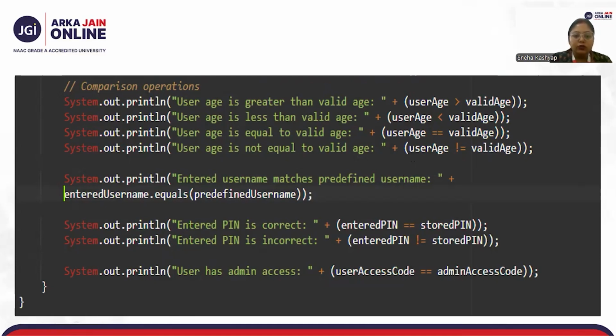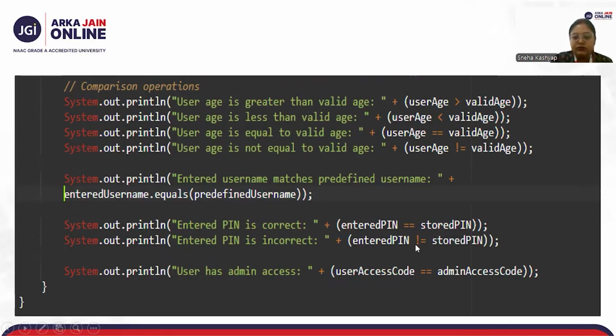Now, System.out.println entered username matches with the predefined username. So for entered username, I'm just using dot equals with predefined username. It will just print whether it is equal or not. The next one is whether entered pin is correct or not. If it is correct, it will use the equal sign, and if it is not correct, it will use the not equal sign.